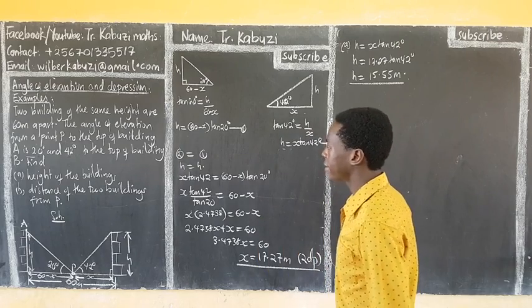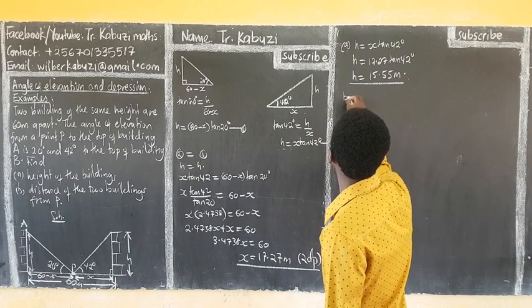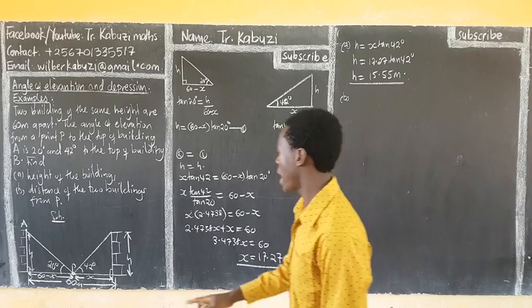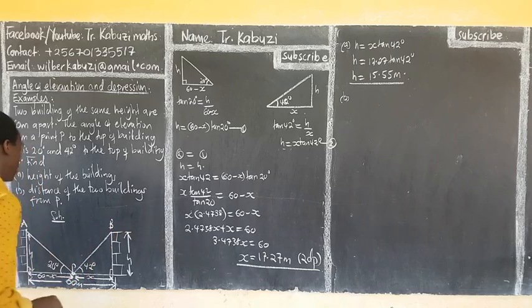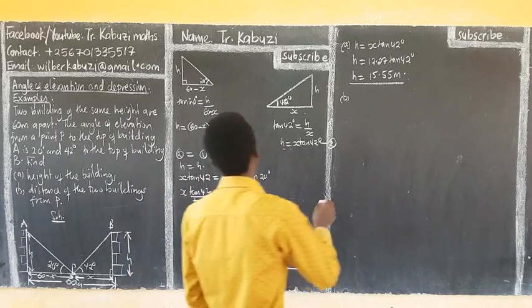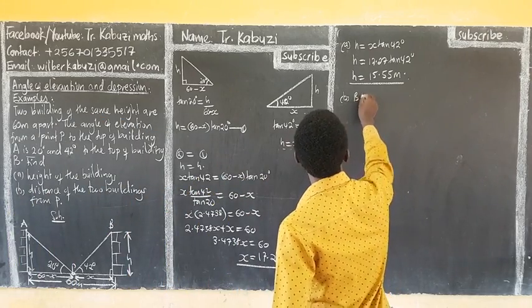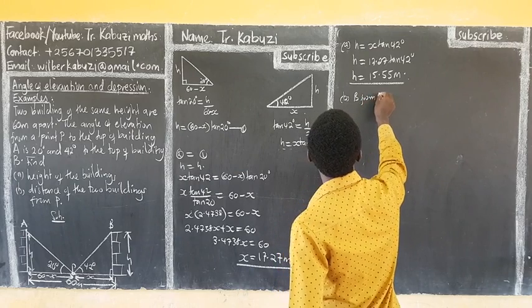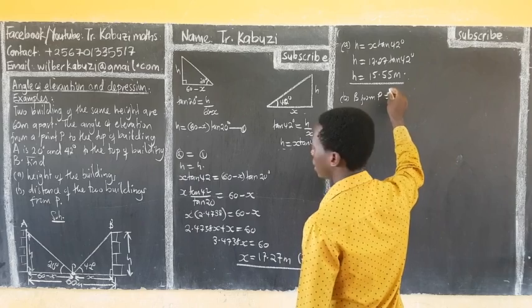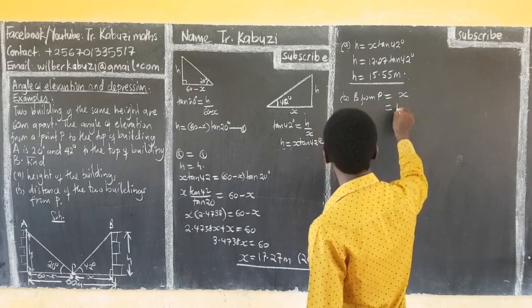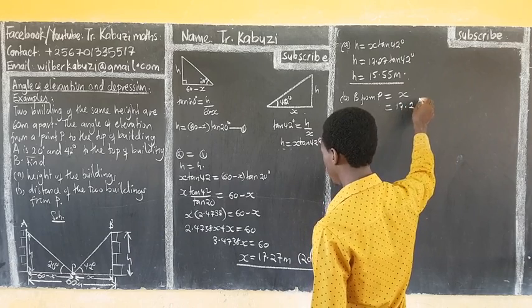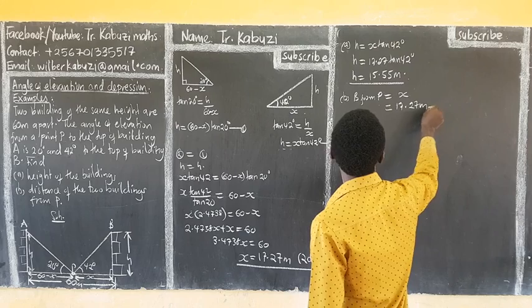Then the distance of the two buildings from P. First of all, I have the X, so the distance of the building from P is X, which is 17.27 meters.